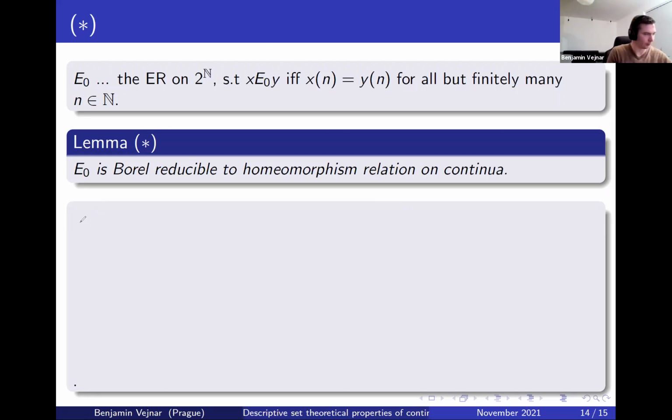We need to find a Borel measurable mapping F going from sequences of zeros and ones to continua, such that if we have two sequences, AN and BN, then they are E0 equivalent if and only if the images, which are continua, are homeomorphic.